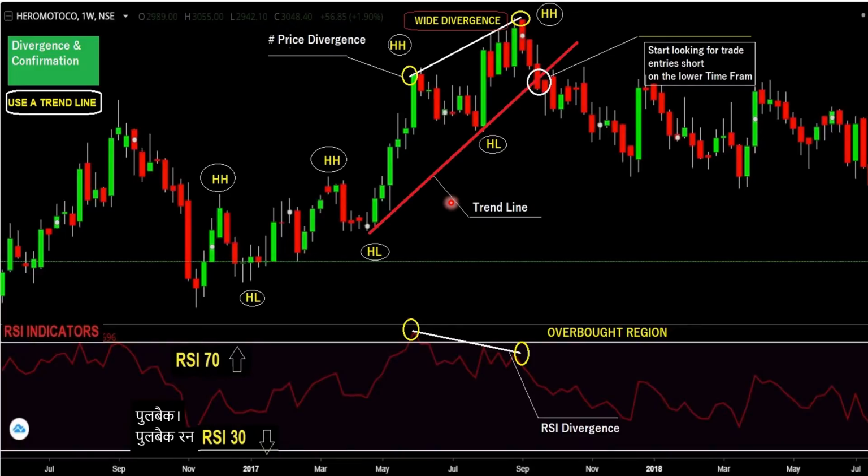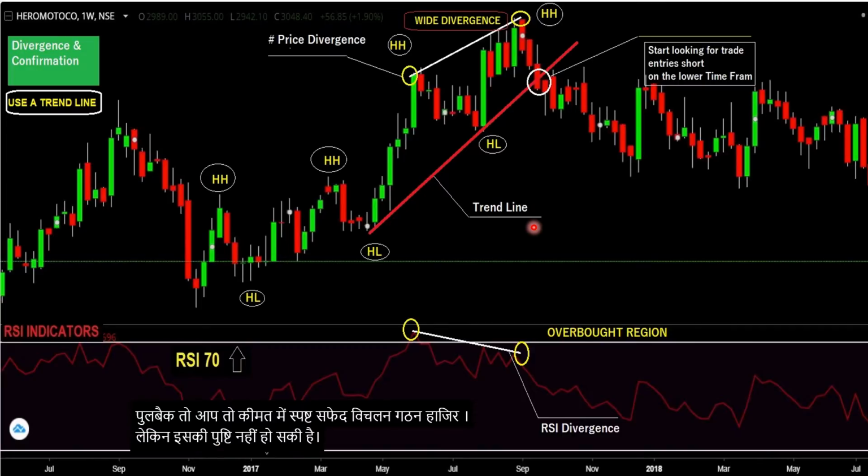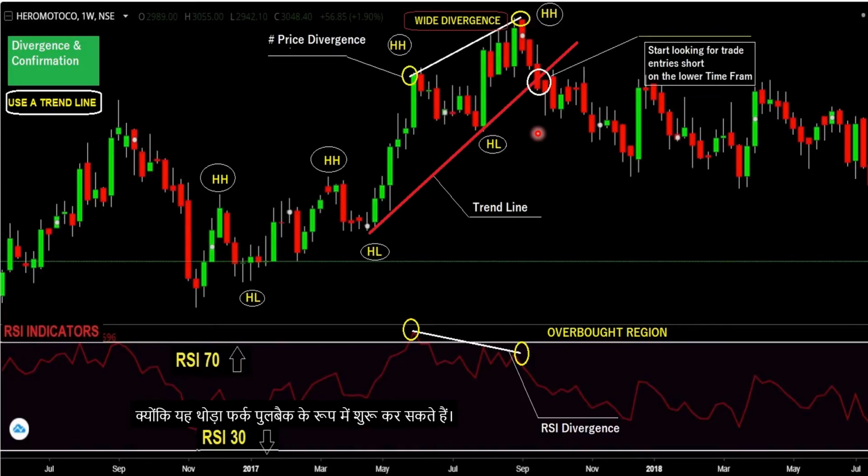You then spot a clear wide divergence formation in price, but it is not confirmed, because it can start as a divergence, pull back slightly and still continue on, and then you would have been faked out and taken a loss.